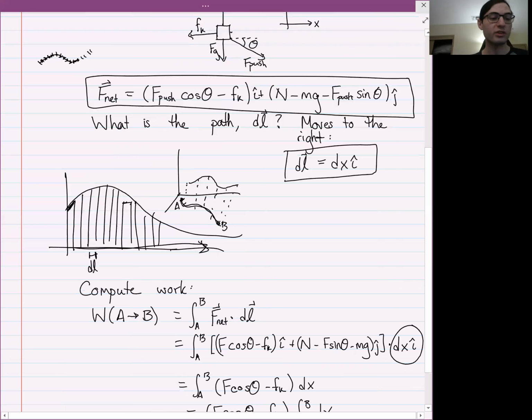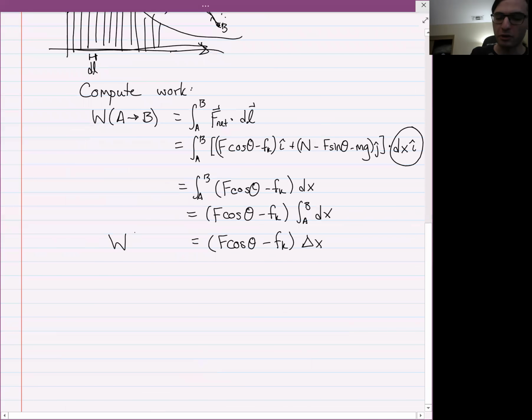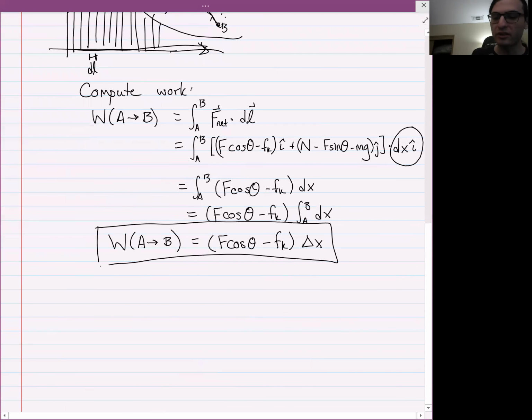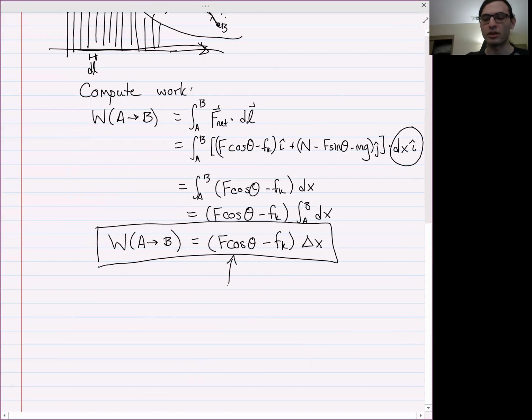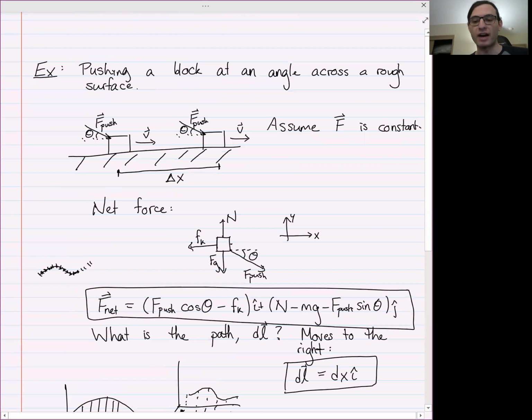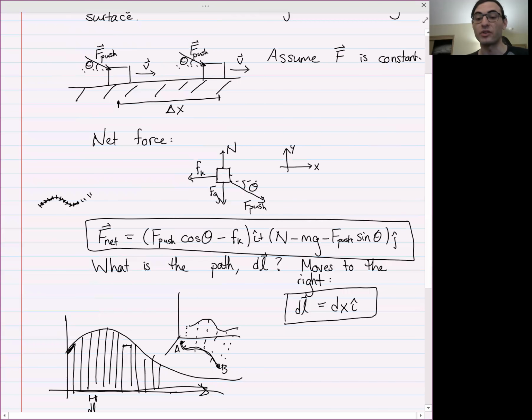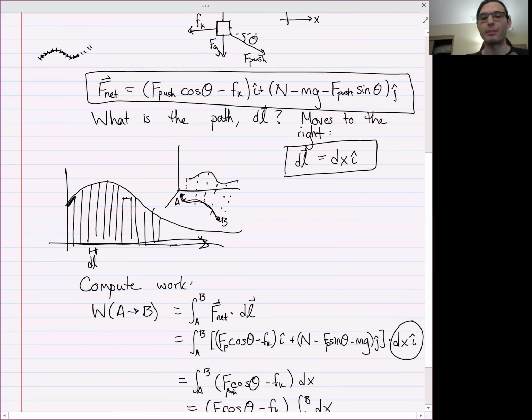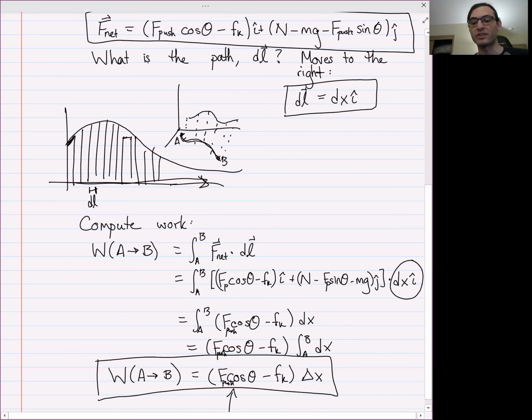So this is the work done from A to B. And the reason we needed that dot product was because, note that, by the way, that F should be F push everywhere. Sorry, I'll just call it F sub p. It is not just the magnitude of F times delta x, right? If I had found the magnitude of this, I could have found the magnitude of this and then just multiplied it by delta x, but that's not what this is.